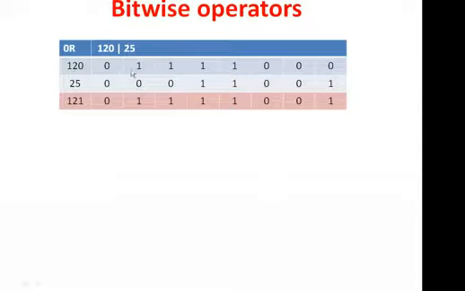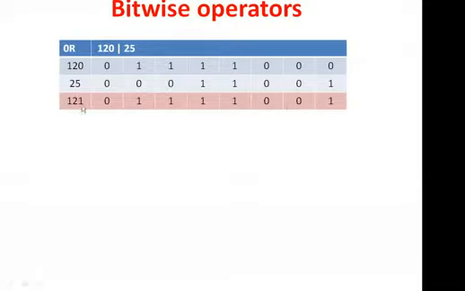Coming to the OR, you can see that when I apply OR for 120 and 25, I'm getting 121 here, because at least 1 is present here. I'm getting the end result as 1, and wherever I see 1, the result is going to be 1 here.